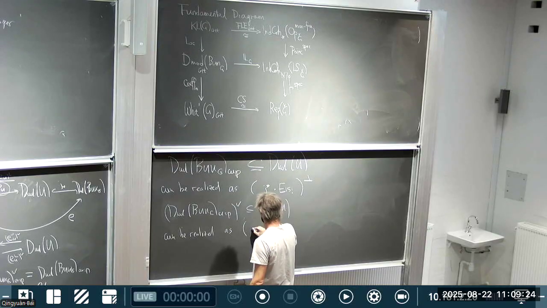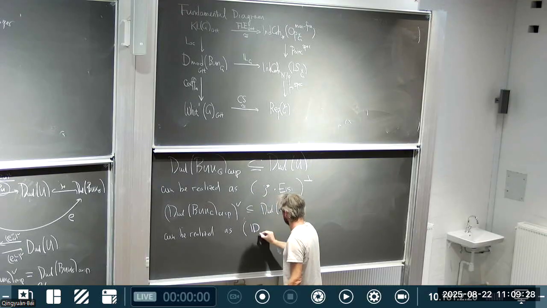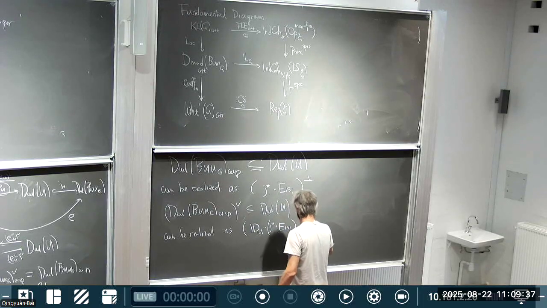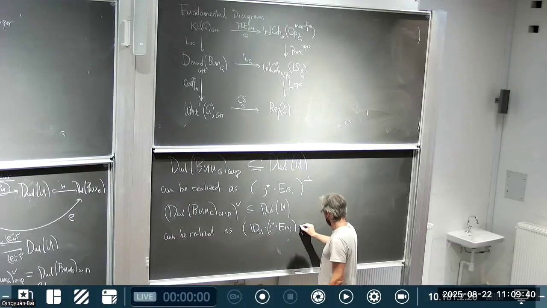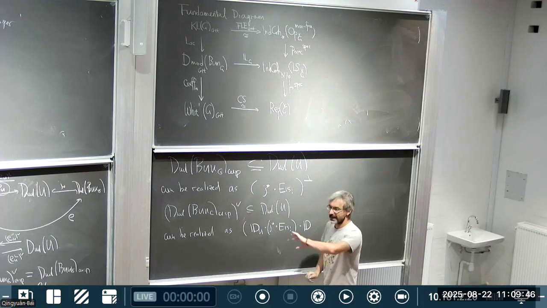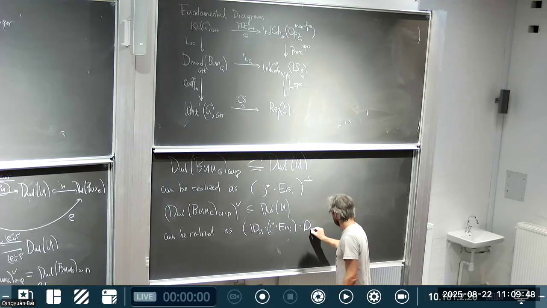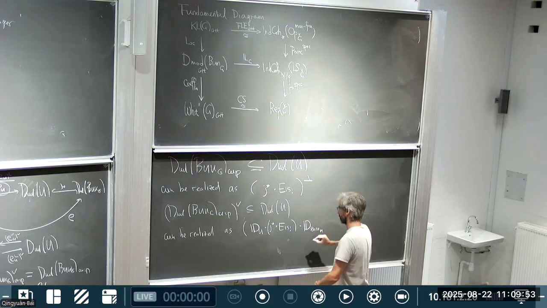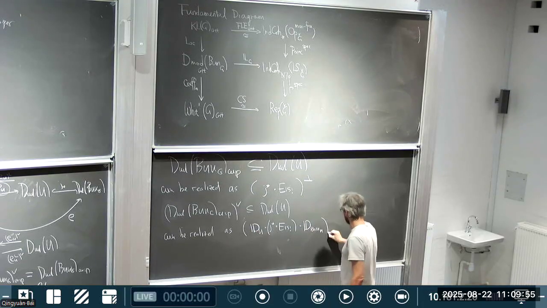You take Verdier duality on U, and so let me say Verdier duality on the step that you started from, where you also start with a quasi-compact open.